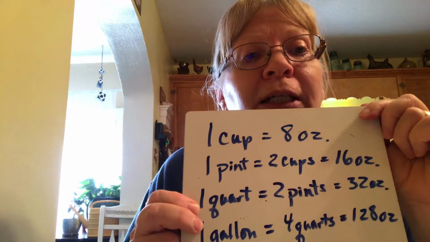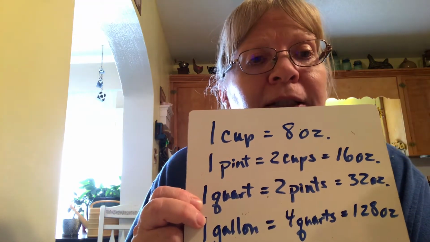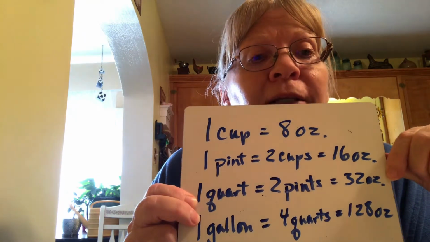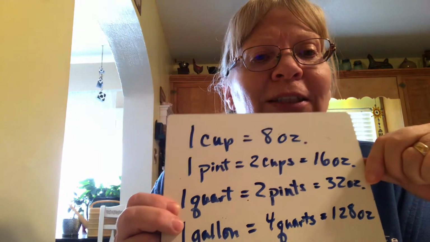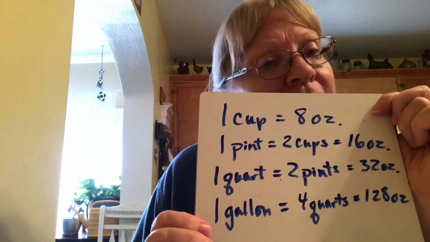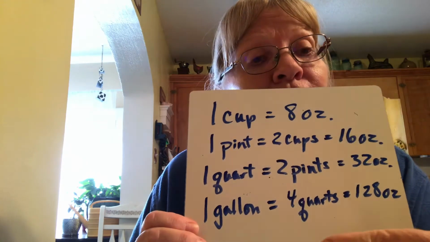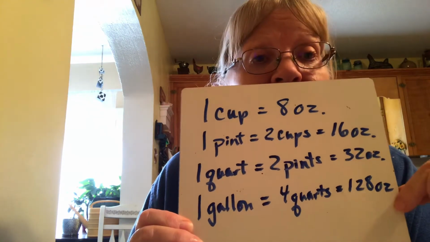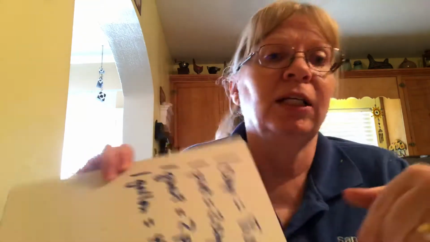A quart is the same as 2 pints, and so that would be 32 ounces. Then we have a gallon. A gallon is the same as 4 quarts, which is 128 ounces. What you're going to be doing on your work is changing things from one unit of measurement to the other.